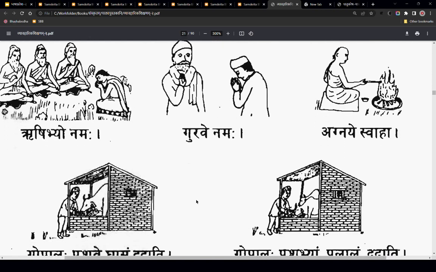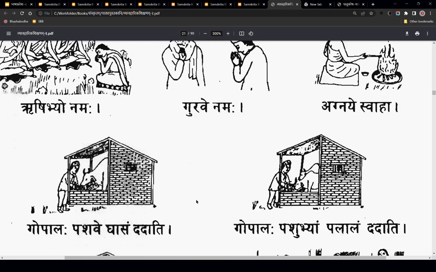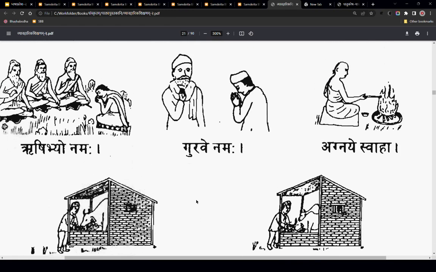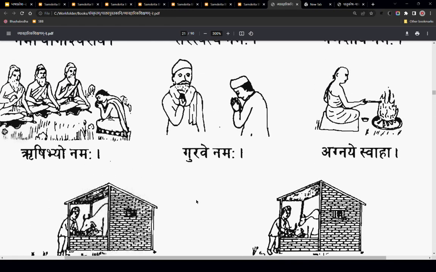I just have a question. For Rishi, here they put Rishibhyo Namaha, is it? Is it not Rishi? That's actually originally Rishibhyaha because Rishi Pratipadikam is like Kavi, Hari. So Chaturthi Bhakti Bahuvachanam is Kavibhyaha, Haribhyaha. Like that here it is Rishibhyaha.